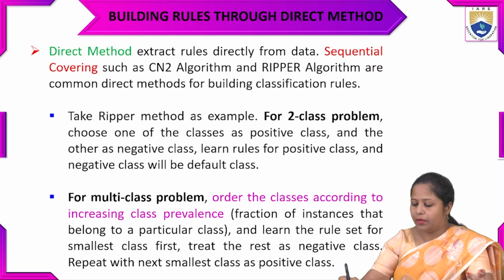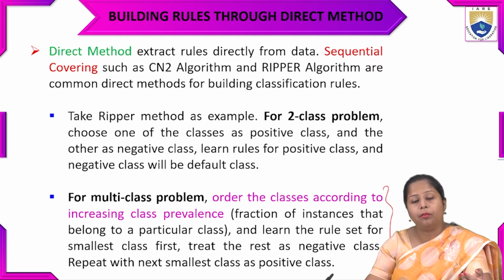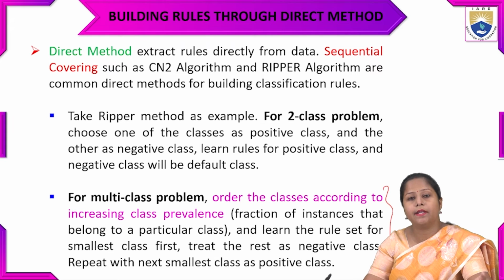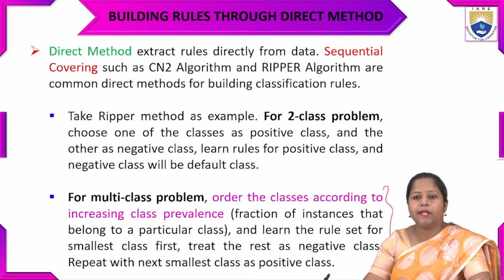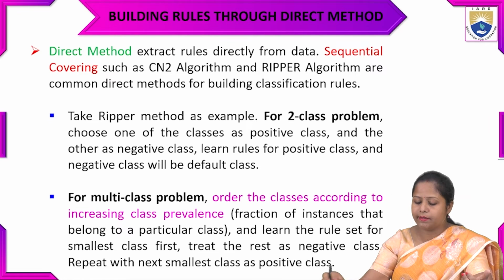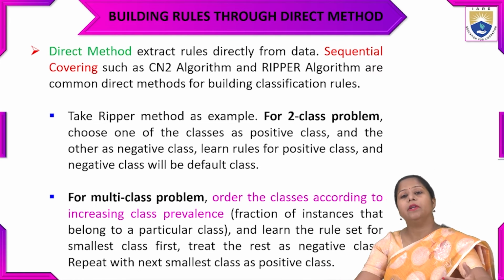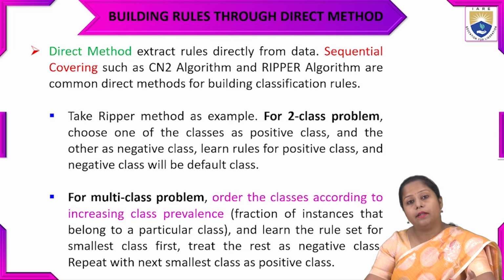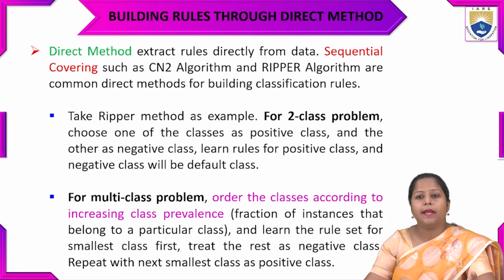As well as if we are taking the multi-class problem, the classifier is going to order the classes according to increasing class prevalence, that is, the fraction of instances that belong to a particular class. The classifier is going to learn the rule set for the smallest class first, and after that treat the rest as the negative class.